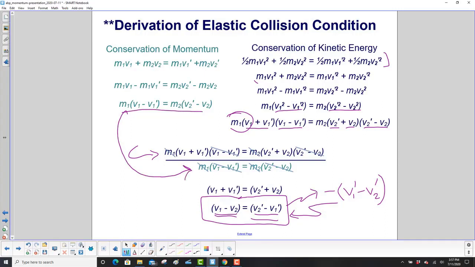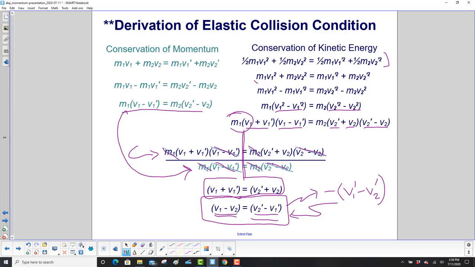What happens? On the left side, m1 cancels out, and here's where that factoring came in handy, the v1 minus v1 prime cancels out. Similarly, on the other side, m2 cancels out, and v2 prime minus v2, and we're left with this: v1 plus v1 prime equals v2 prime plus v2, and then we just rewrite it.